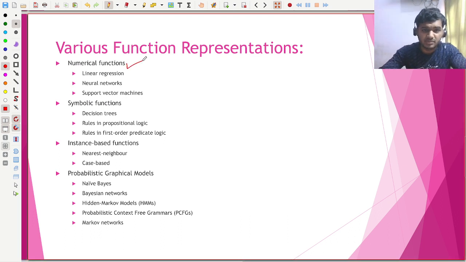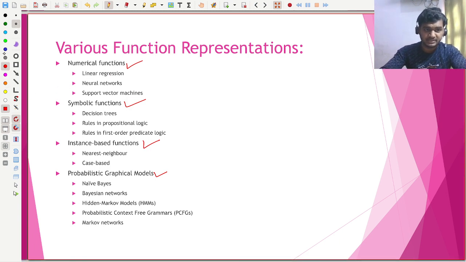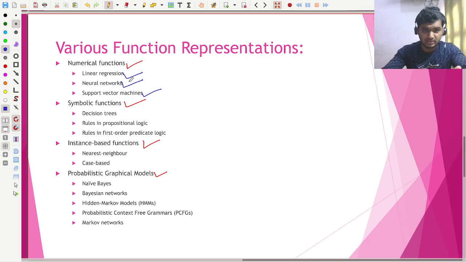First is numerical function, then symbolic function, instance-based function, and also probabilistic graphical model. In this course, we'll first cover neural networks. We'll also cover linear regression and support vector machine, which are classification and regression algorithms. Then we cover decision rules in propositional logic.